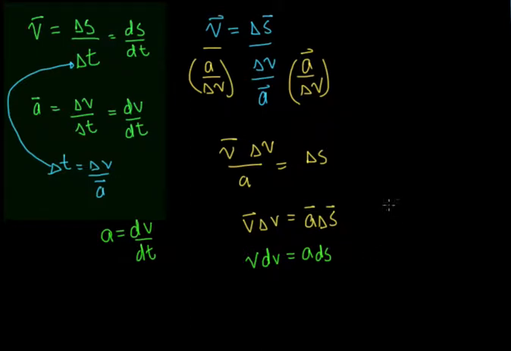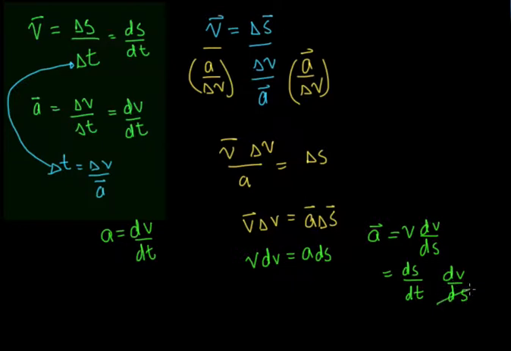And does this make sense? Well, let's just look at that. This claims that a equals v times dv divided by ds. What's velocity? Velocity is just ds over dt, and then we're multiplying that by dv over ds.